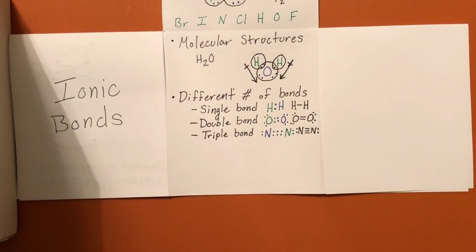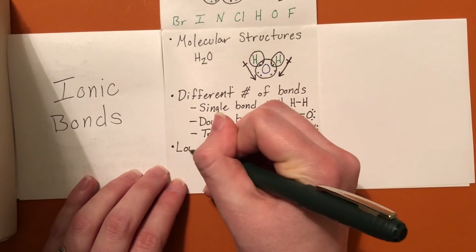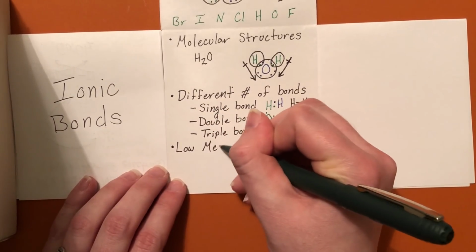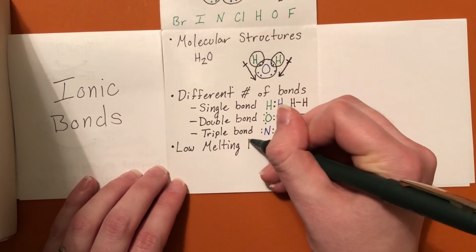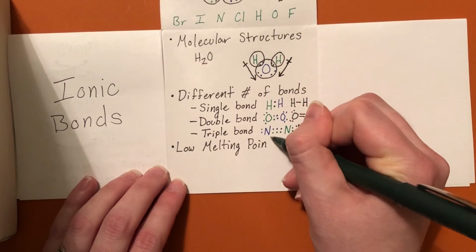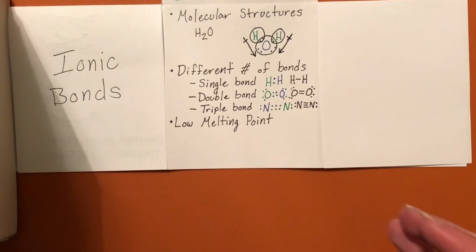So if I take a covalently bonded molecule such as sugar that we worked with, C6H12O6, all nonmetals covalently bonded together, it has a low melting point. A low melting point means it does not require a lot of heat to break these bonds apart and to break down the molecular structures.